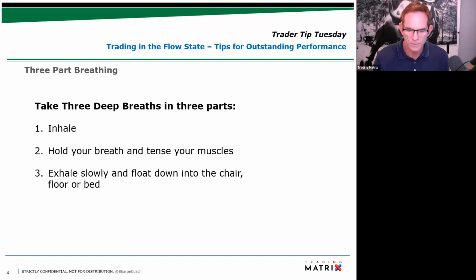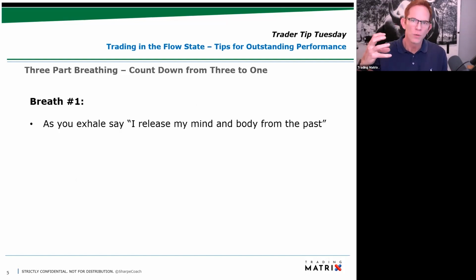Now, as we do this, we're going to go through 3 breaths. The first breath, we'll do this together. We're going to take a deep breath in. Now we're going to tense our muscles. So I'm going to tense my neck, shoulders, and arms. And then I'm going to exhale.